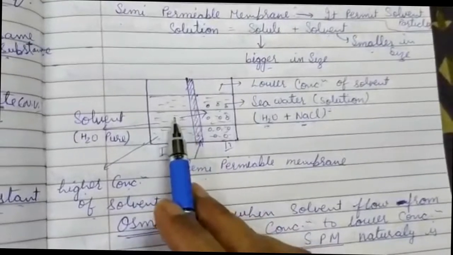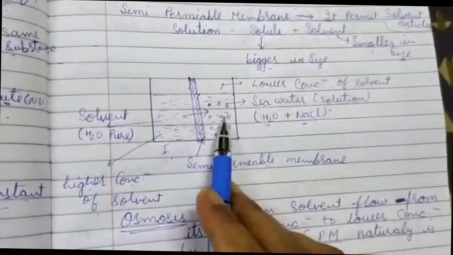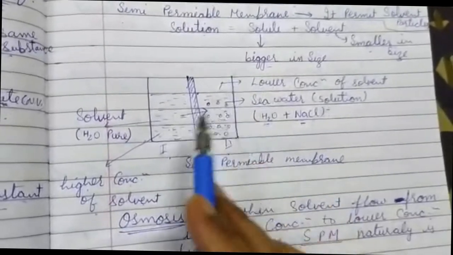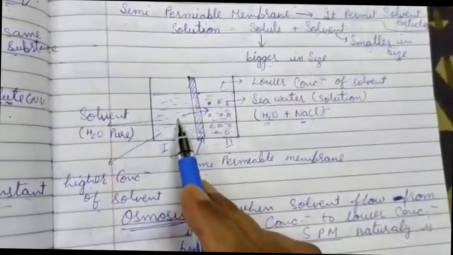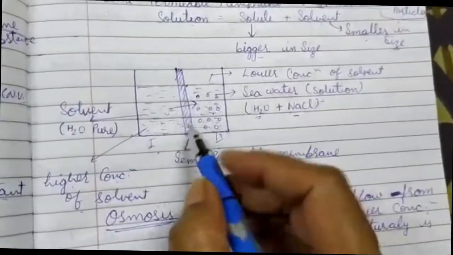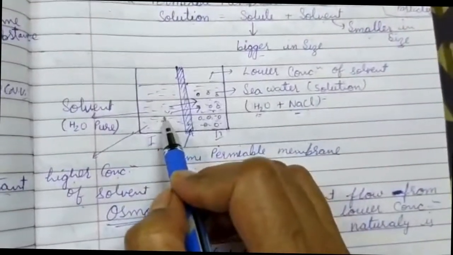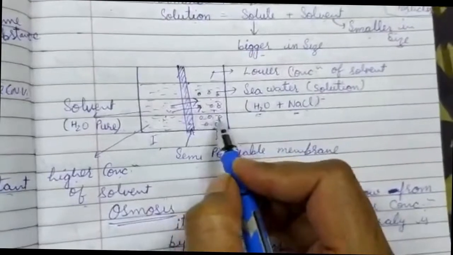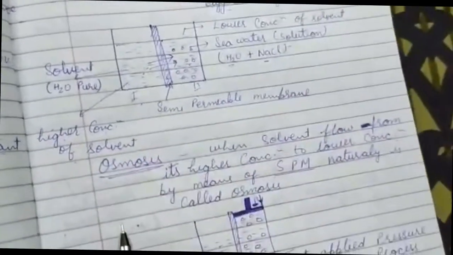And as we know, substances can move from their higher concentration to the lower concentration naturally. So with the help of the semi-permeable membrane, water will start to flow from this side to this side, because on this side a higher concentration of water is there and on this side a lower concentration of water is there.